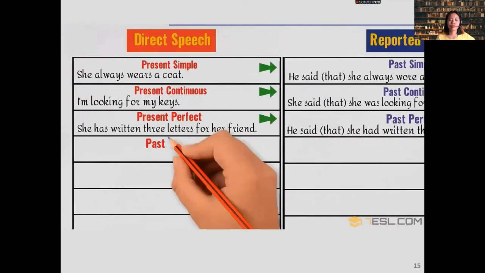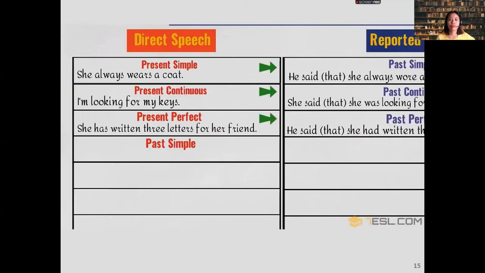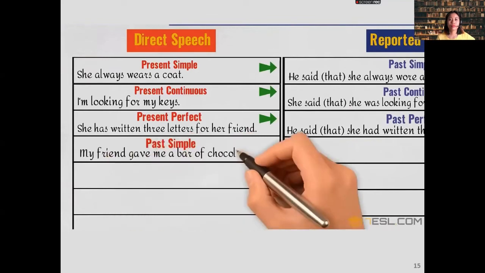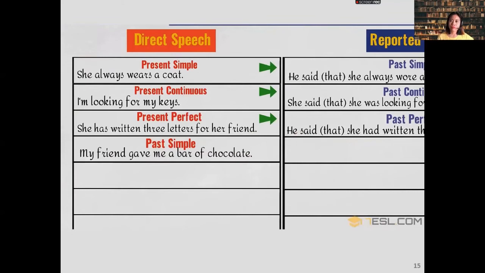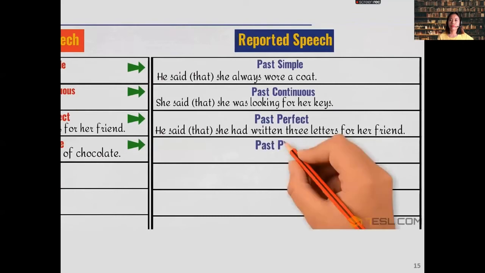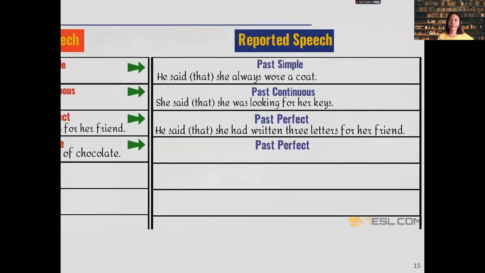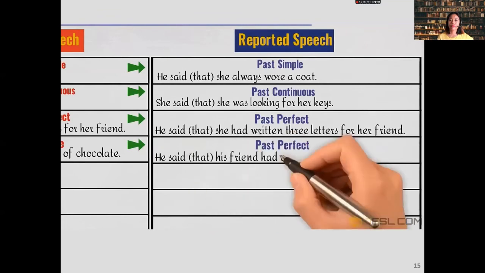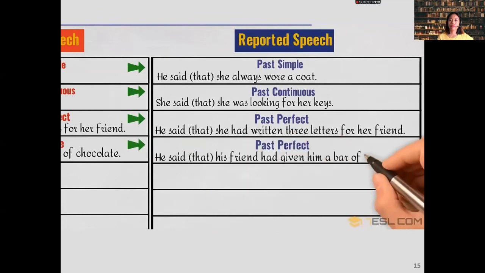Past simple. My friend gave me a bar of chocolate. Past perfect. He said that his friend had given him a bar of chocolate.